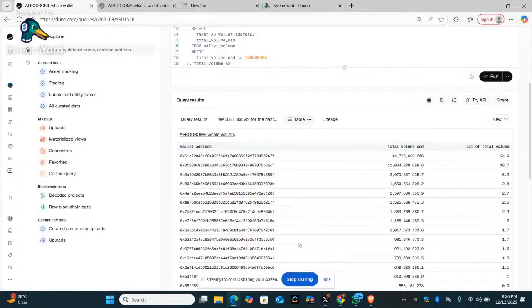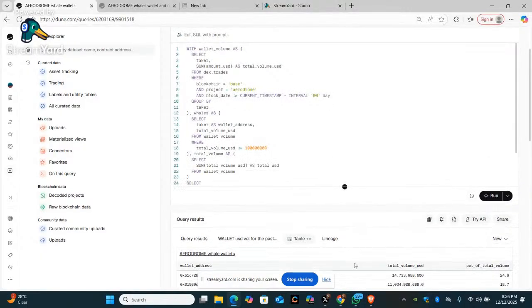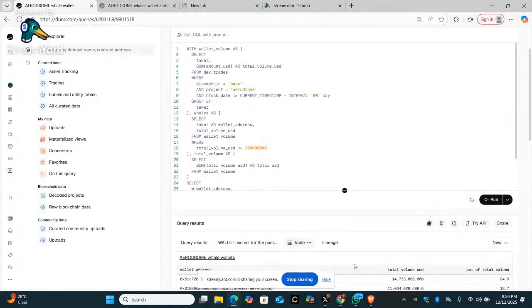Yes. So this query shows that I made sure that I went 90 days backward, knowing the blockchain is Base, because Aerodrome is under Base.